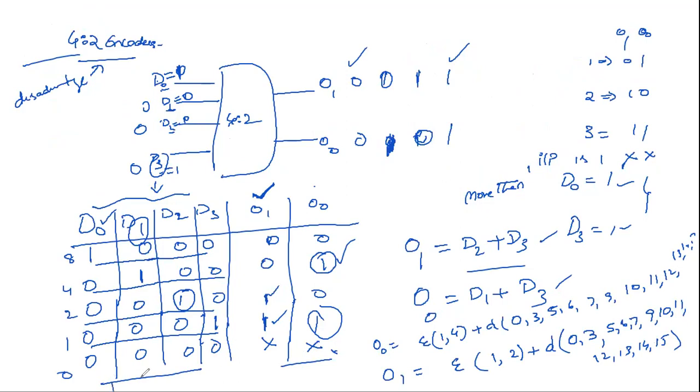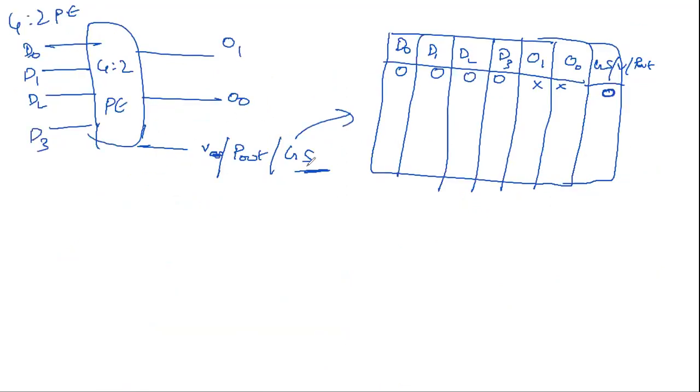When more than one input is 1, that time also we don't know the output. To rectify these two conditions, we use a priority encoder. For that, we have an extra output also.